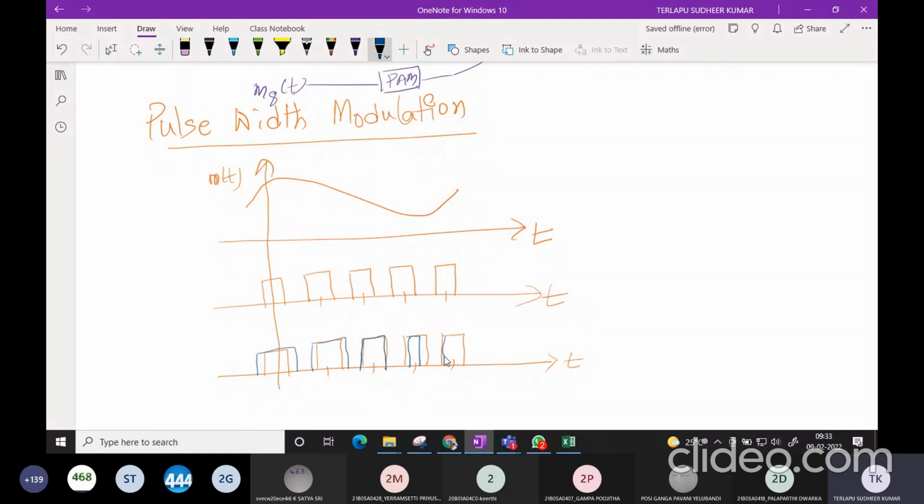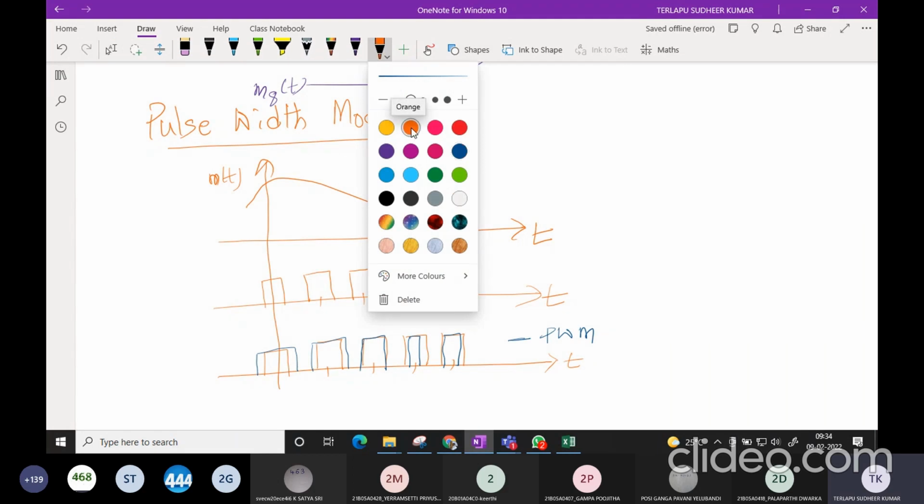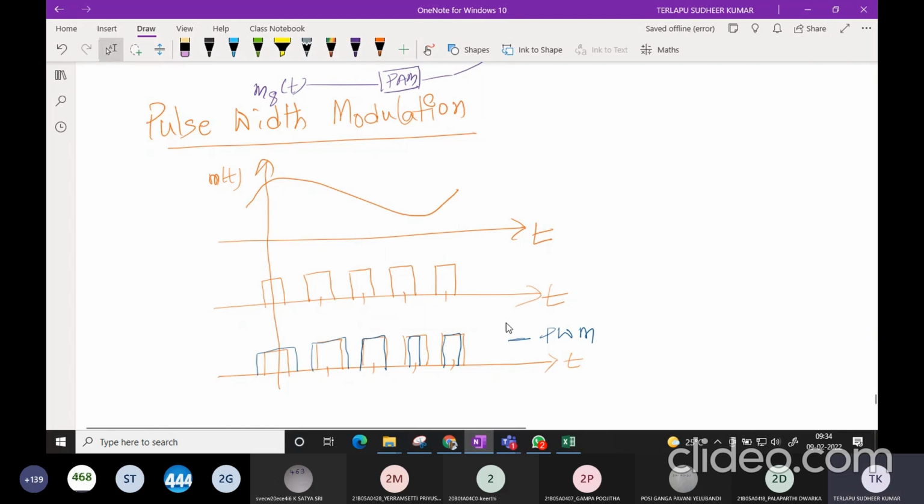Therefore, my width of the pulse is now increased. So whatever I have drawn in blue color is the pulse width modulated signal. And this red color is the unmodulated carrier pulse train.